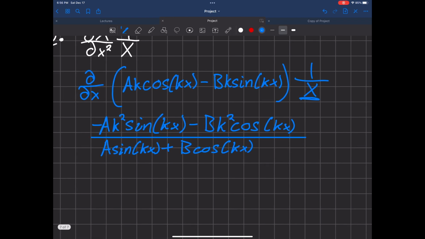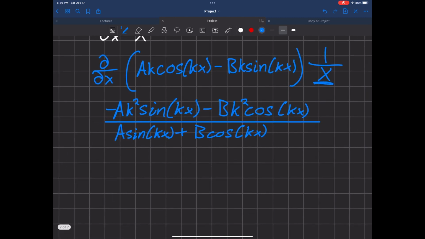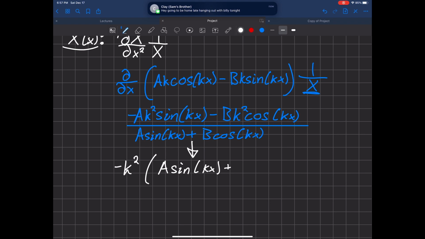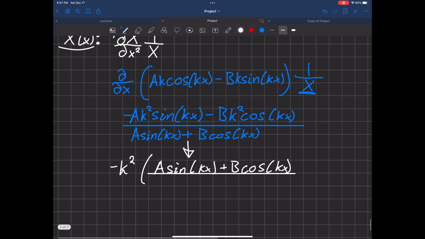What we could do is factor out a negative k squared term from the whole thing, right? So then that gives us negative k squared right here times a sine of kx plus b cosine kx, all over a sine kx plus b cosine of kx.